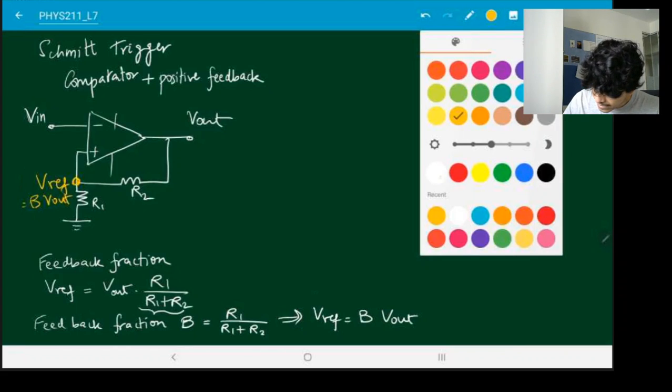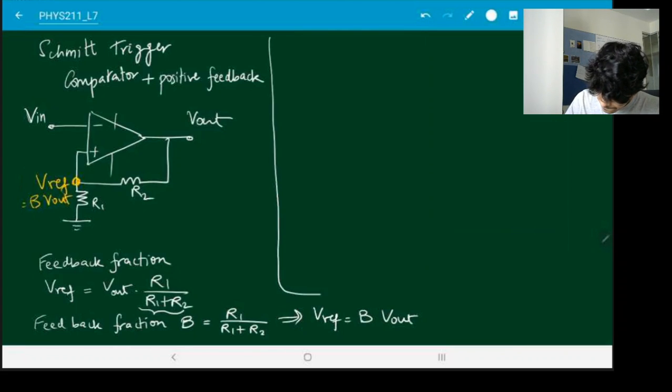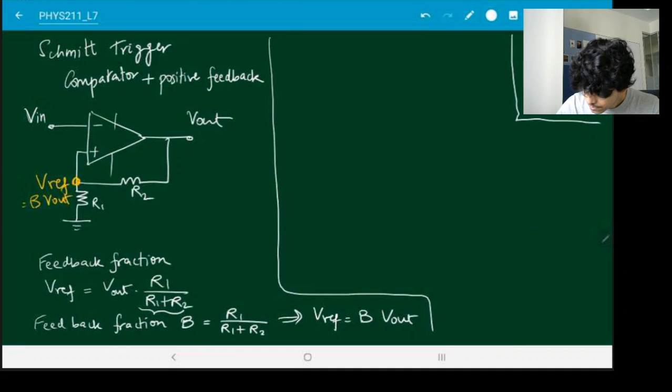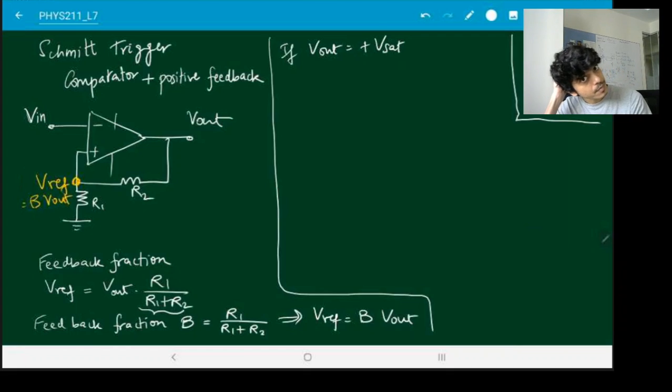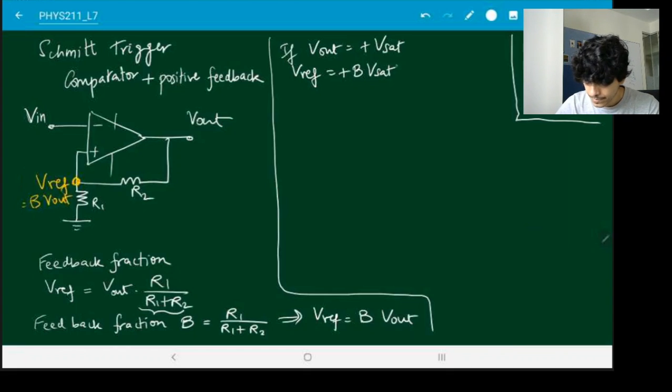So now let's try and analyze what happens in this circuit. So suppose our output voltage is currently at positive saturation. So then the reference voltage will be plus B times Vsat.